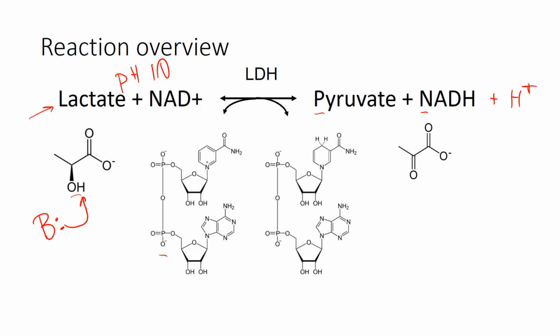However, today we're going to go into more depth and talk about what B is, because the identity of that conserved amino acid in LDH, and its protonation state, so whether or not it can perform the transformation of lactate into pyruvate, is highly dependent on the pH of the reaction.